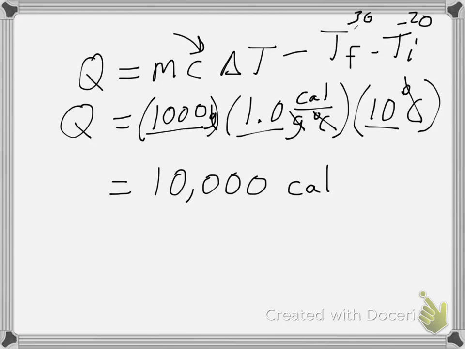Now let's kind of turn this on its head and see what the final temperature would be of a given amount of water if we know how much heat we've given to it. So let's assume that the mass is again 1,000 kilograms, or I'm sorry, 1,000 grams, and the specific heat, of course, hasn't changed.